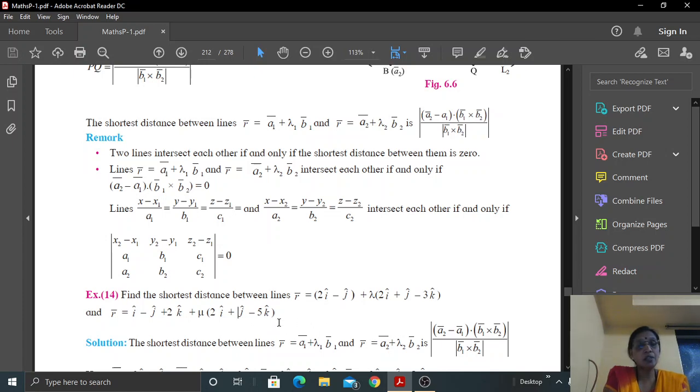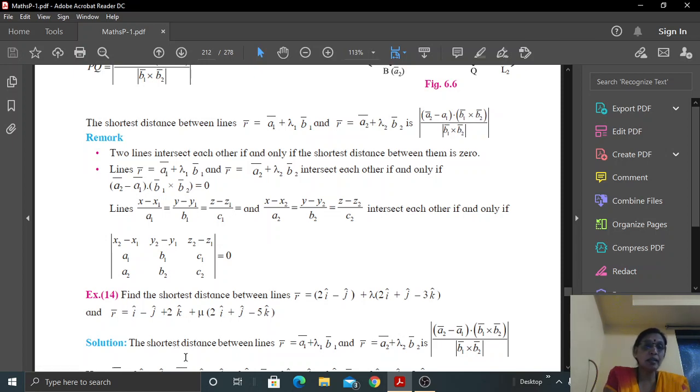But here there are two lines, therefore we have taken scalar lambda here and scalar constant mu here. Means this is of the form a1 bar plus lambda b1 bar, and this is of the form a2 bar plus mu into b2 bar.